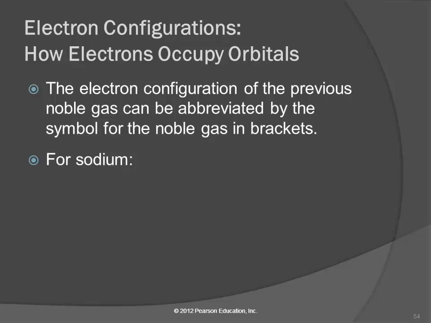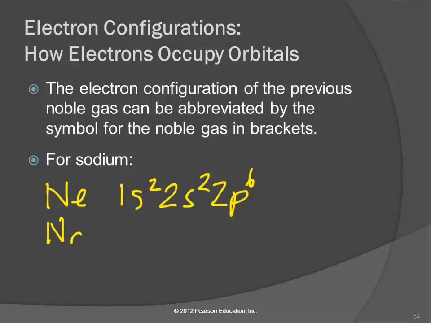Okay, it's 1 past neon, right? So neon was, let's write down what neon was. We just did it. 1s2, 2s2, 2p6, right? That's what neon was. So sodium has 1 more. So it's got neon, and what's next? 3s1.